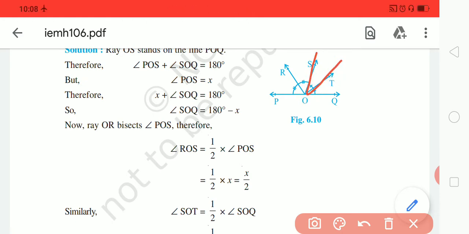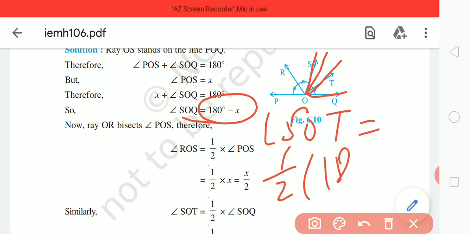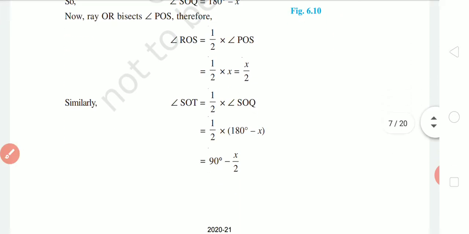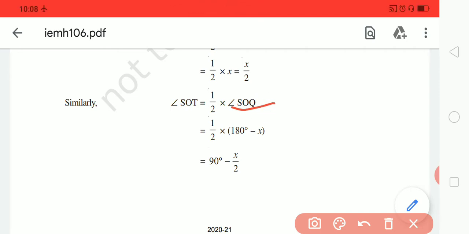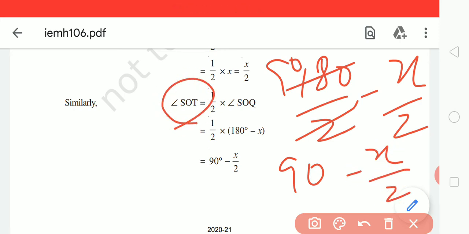This is also half of SOQ, and SOQ we found is 180 minus X. So angle SOT will be half of 180 degrees minus X. If you solve this, it is 180 by 2 minus X by 2. You can cut here 90. So this is 90 minus X by 2 for SOT, right?